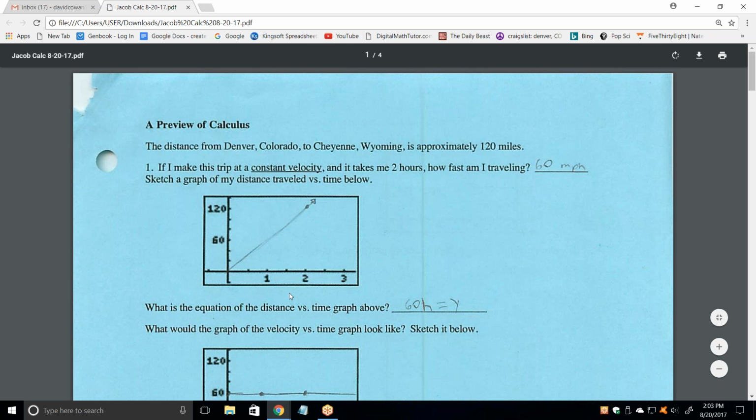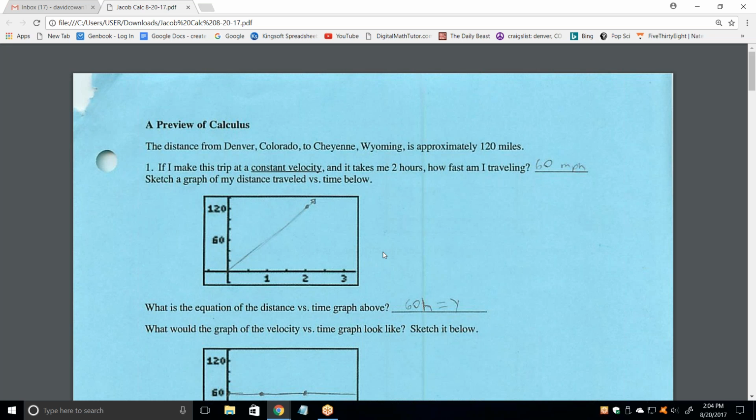It's 120 divided by 2. That's how you got the average velocity. And that's the only thing you're familiar with at this point, is average velocity. And you may not have put it together with slope, but that's what it is. It's rise over run. It's as simple as that.